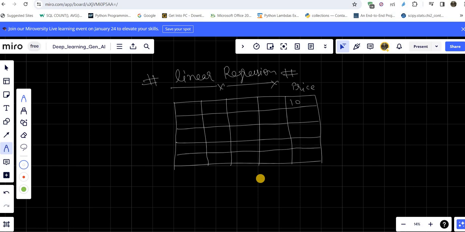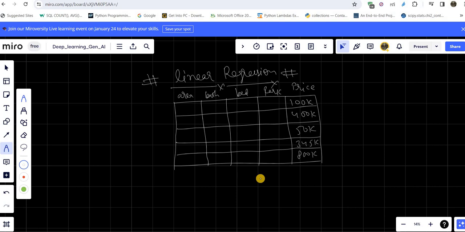Some values are there like 100k, 400k, 50k, 345k, something 800k. This is the price on the given area, bathroom, bedroom, parking. It could be any number of x values like area, bathroom, bedroom, parking, facility, floors, stories, interiors, furnished, semi-furnished, all those things.